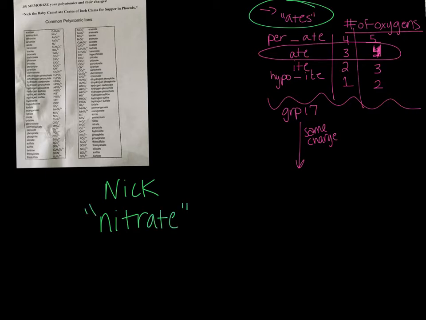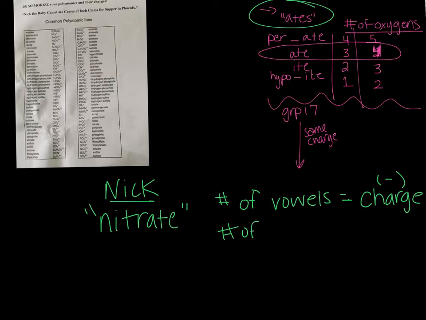And what you get from this word is your number of vowels, which is your charge, your negative charge, I guess you could say. Your number of consonants is your number of oxygens.